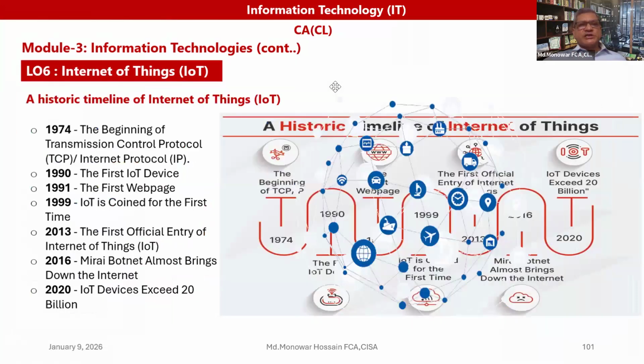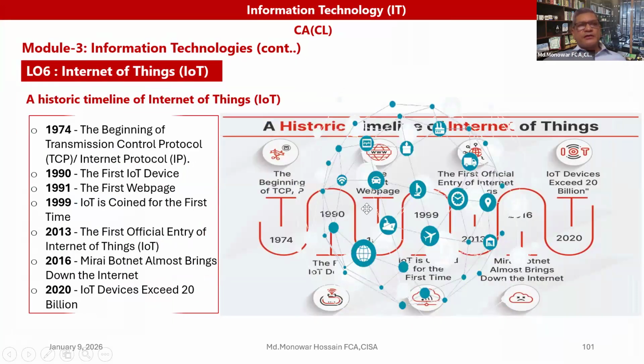If we see the history of IoT, or its timeline, it started in 1974. They began the Transmission Control, that means the TCP and IP model, when it started. Then in 1990 the first IoT device was introduced, and in 1991 the first web page was introduced. Then IoT was coined for the first time, and in 2013 came the first official entry of IoT.